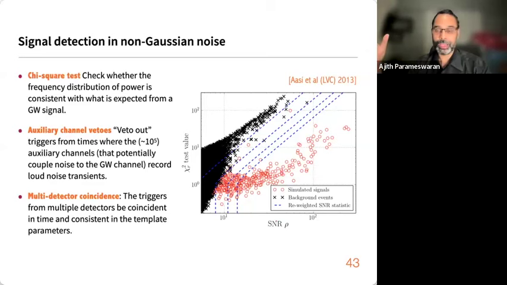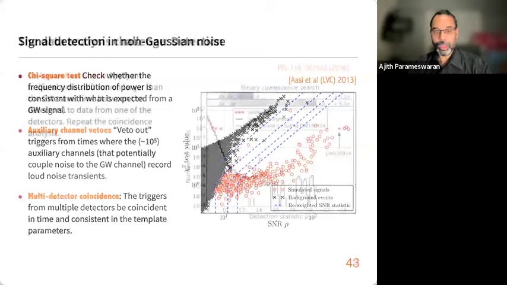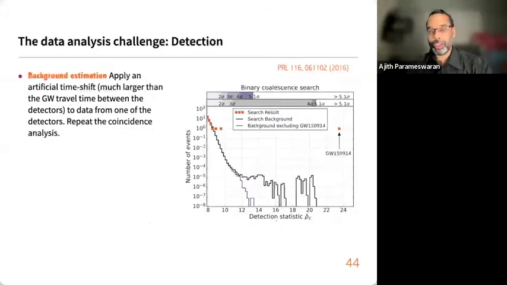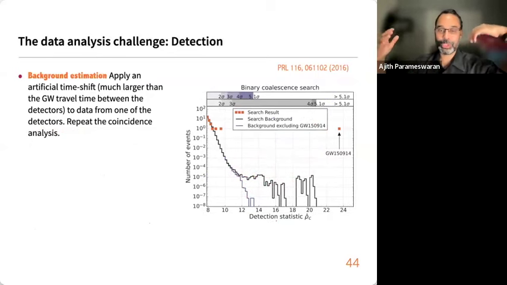This will also help you distinguish between true events and false events to a very good extent. So all these are used to weed out these false events. Still, one would have some fake signals mimicking true signals. So you already have some sort of background distribution of noise events.